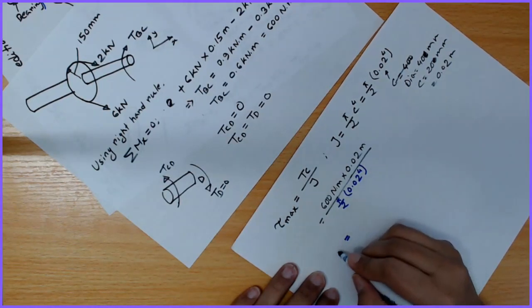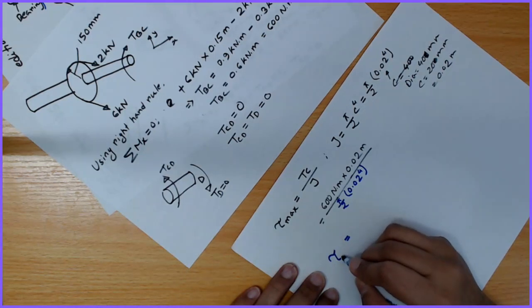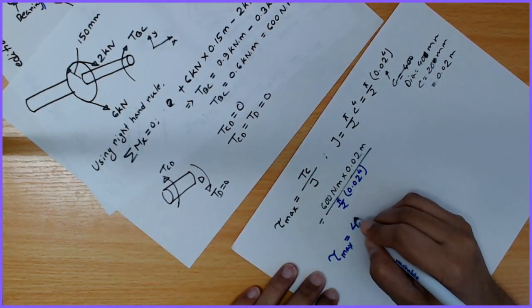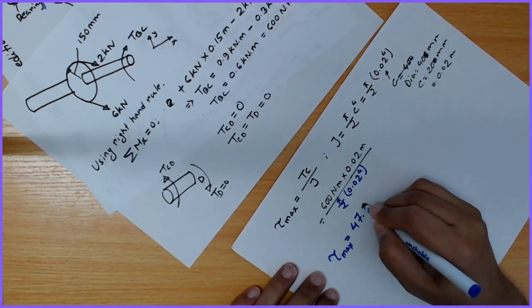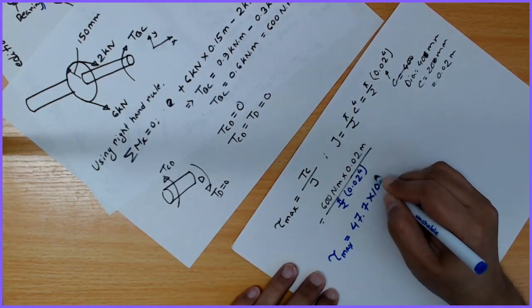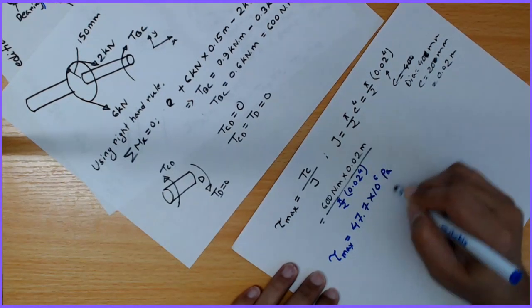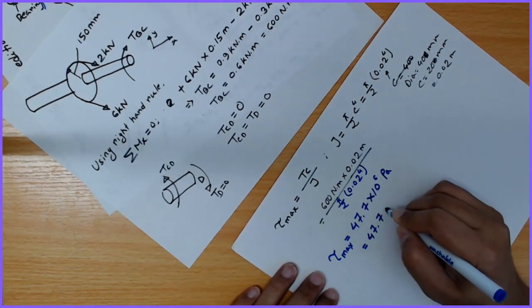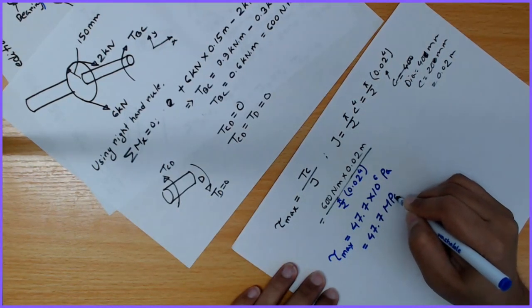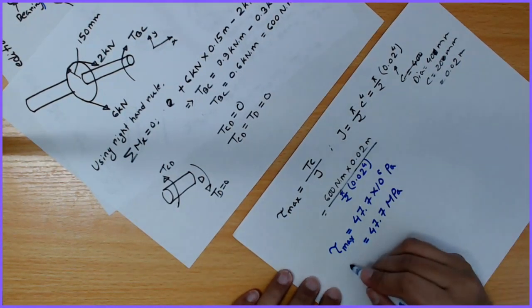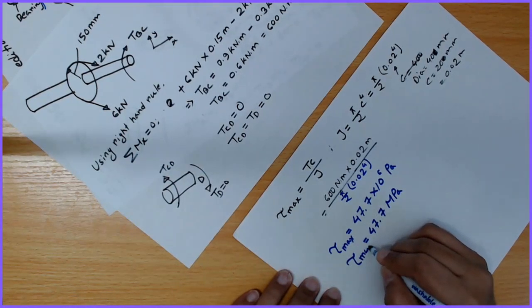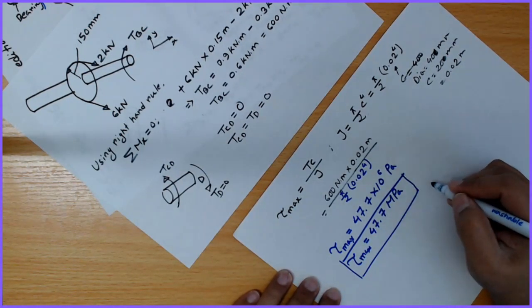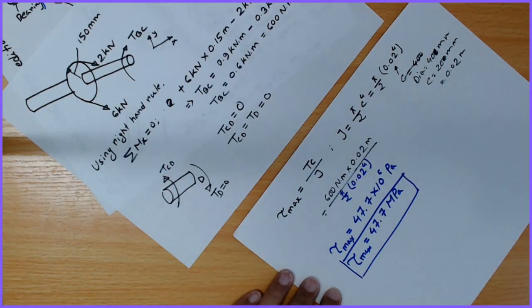If we calculate this, tau max is going to be 47.7 times 10 to the 6 Pascal, that is 47.7 megapascal. This is the answer of this problem.